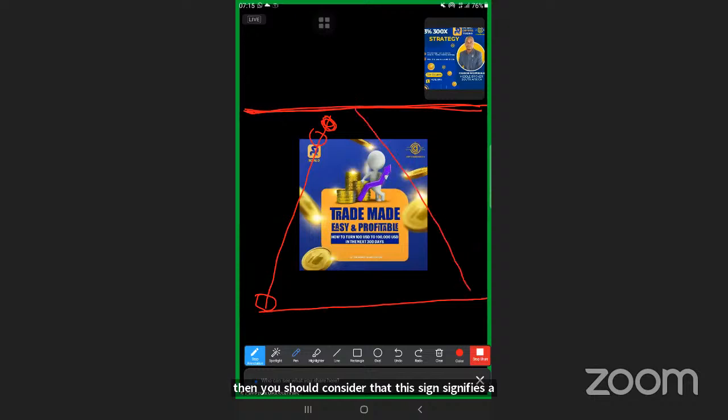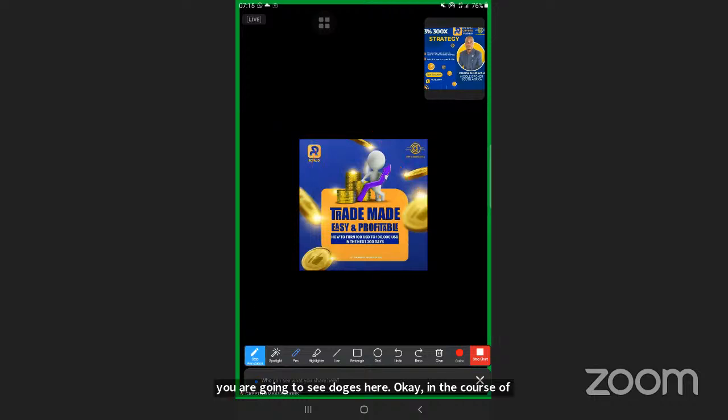Sometimes in the course of the uptrend you might see dojis, but that does not signify anything because of the area where the dojis are forming.